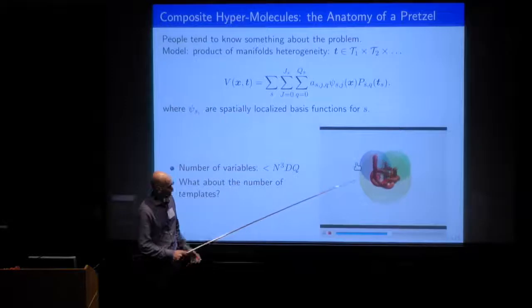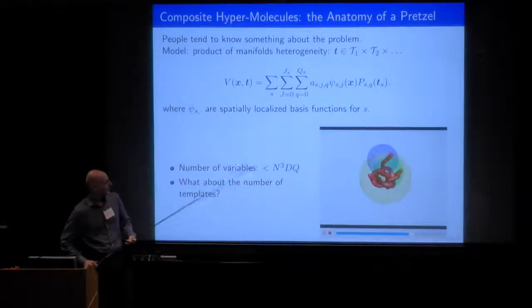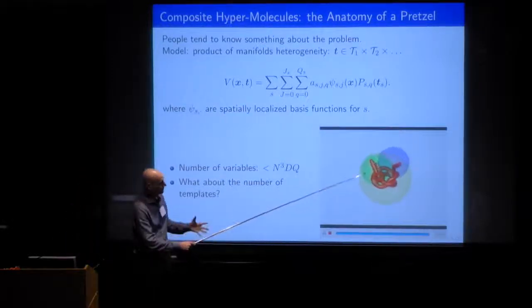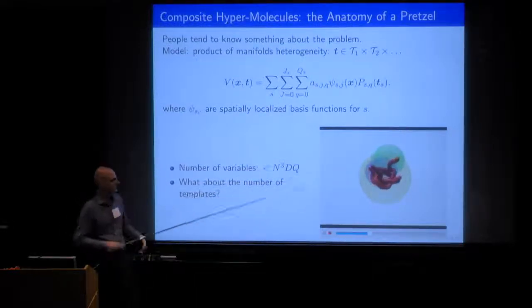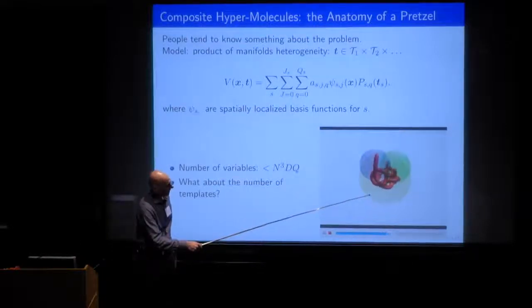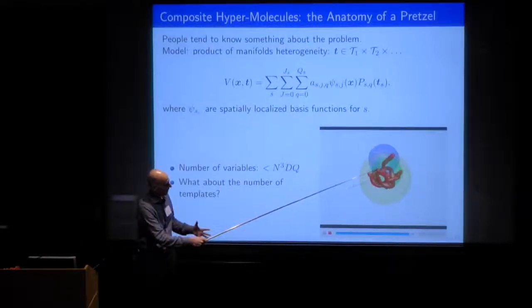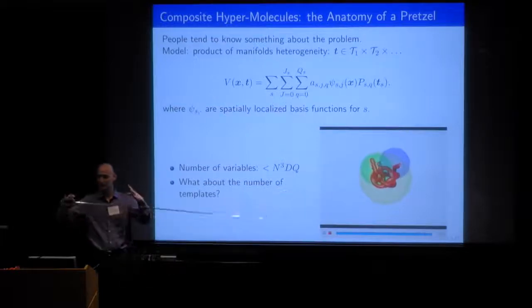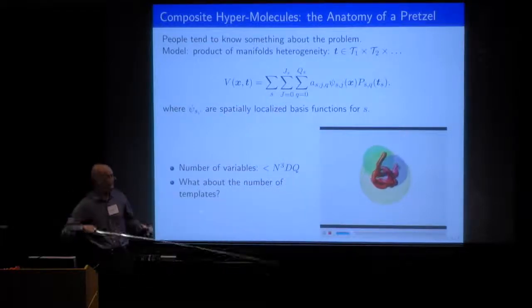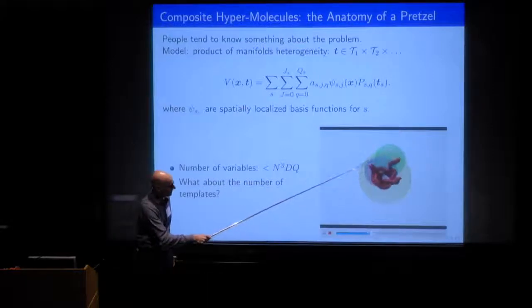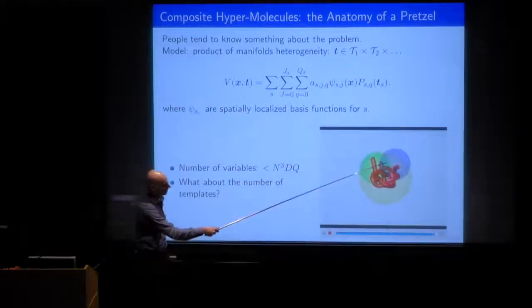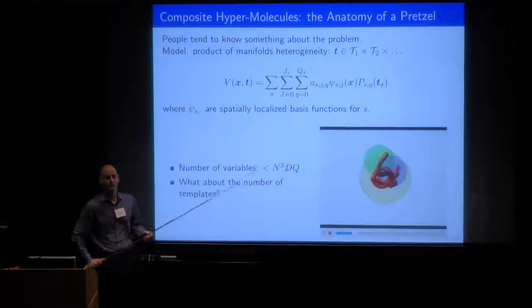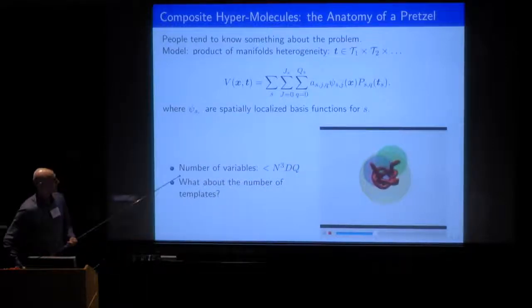So we can decompose that pretzel into this rigid part. It doesn't have to be a very well-defined partition, but we can say there's this rigid object somewhere in this yellow ball, and some kind of heterogeneous object somewhere in this blue ball, and some kind of heterogeneous object in this yellow ball.